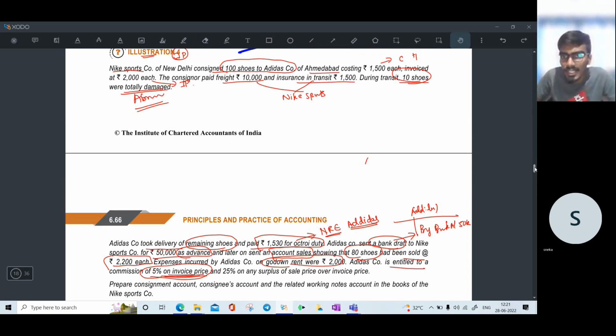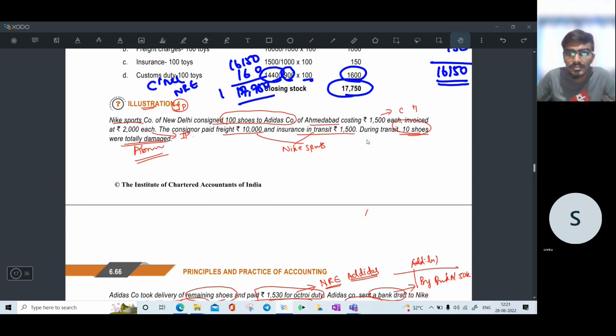What is the invoice price? 1,500 is the cost price, right? 100 into 1,500 is 1,50,000. This is the cost price.